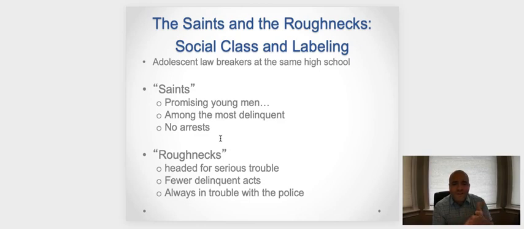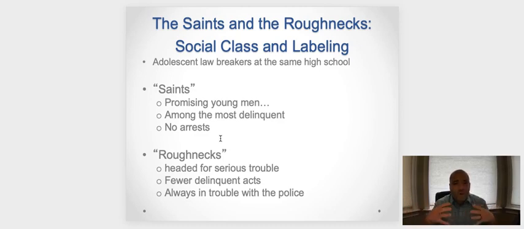The roughnecks kids were engaged in truancy, underage drinking, petty theft, and vandalism, but not drinking and driving like the saints were, because they didn't have access to cars. Their families weren't wealthy enough to provide cars for them to drive around. So you have the saints kids being participatory in more severe deviant behavior, potentially life-threatening and threatening to the public, drinking and driving.